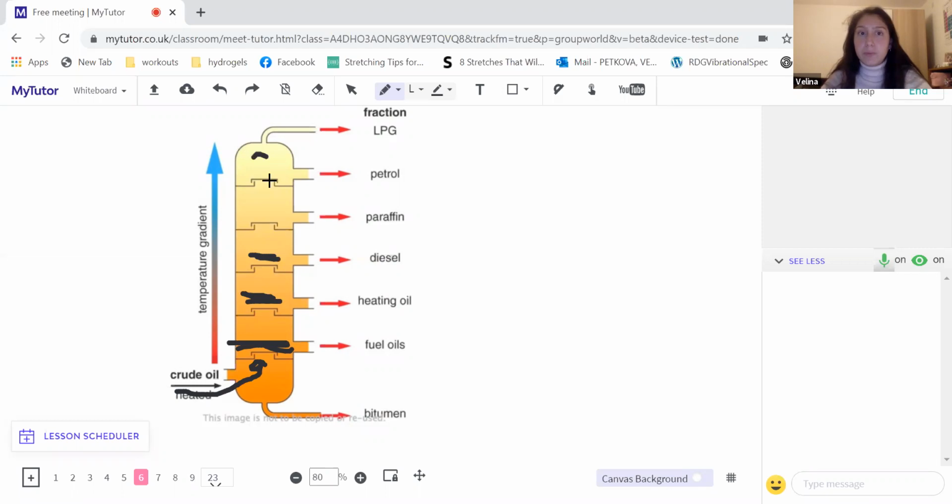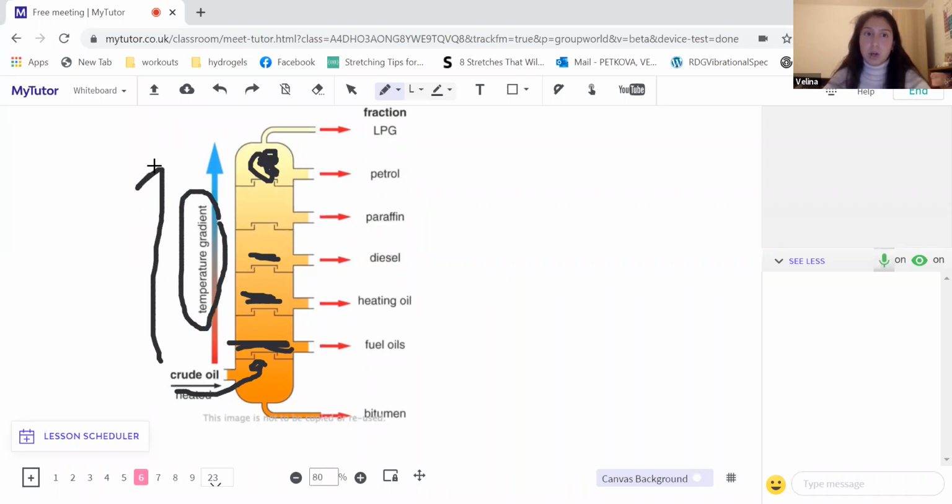And at the top, this is petrol, which has the lowest boiling point of all of these. As you can see, the temperature is decreasing from the bottom to the top. Okay. Yeah, exactly.